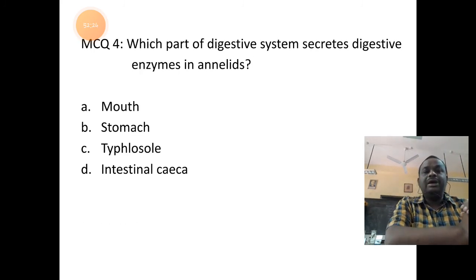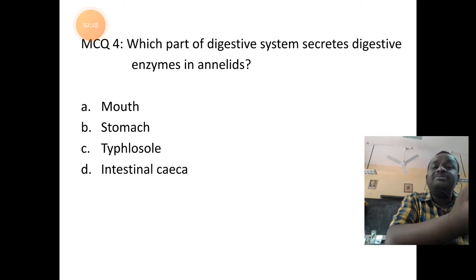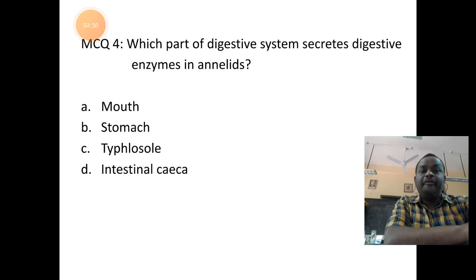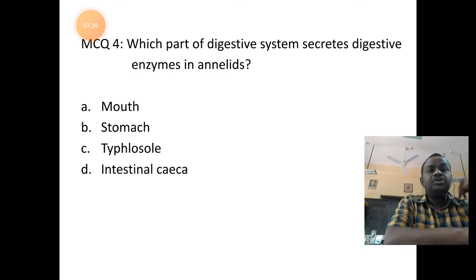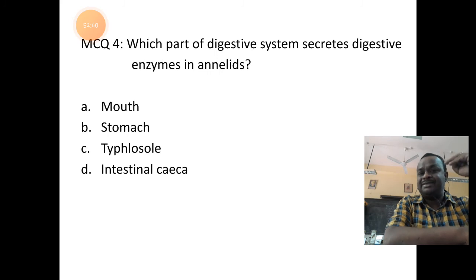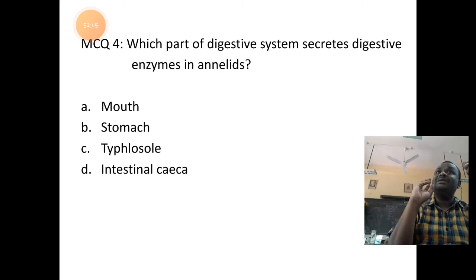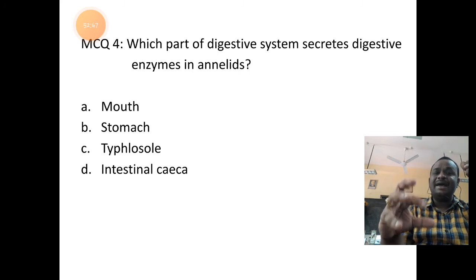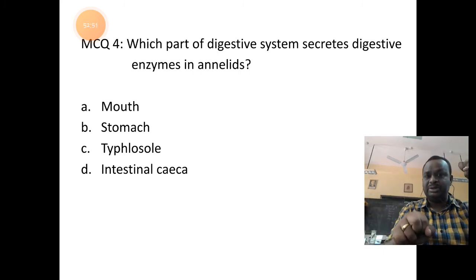Question 4. Which part of digestive system secretes digestive enzymes in the annelids? Of all these 4 parts, mouth does not secrete, stomach also does not secrete much of the enzymes. Stomach has calciferous glands which will help in calcification or neutralization of the food.